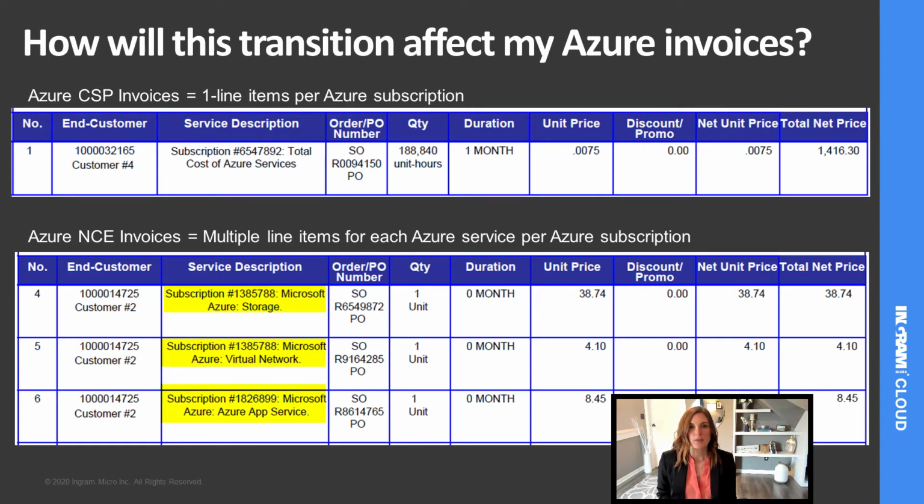For example, let's say that an Azure subscription has 4 active Azure services: virtual machines, backup, networking, and storage. So on both the customer and reseller invoices, you'll find that this Azure subscription will have 4 line entries. Each line will have the total cost of each individual Azure service.